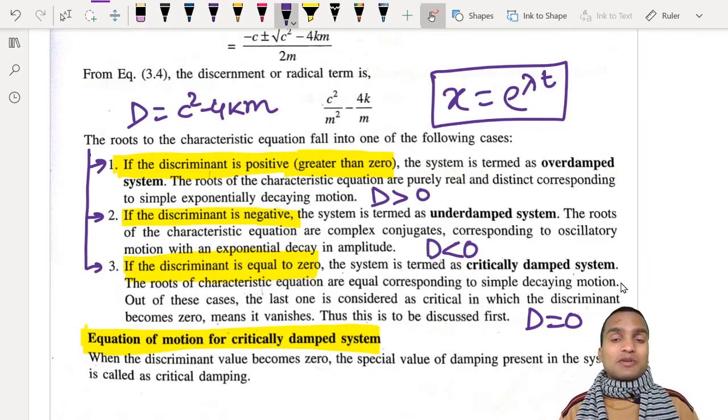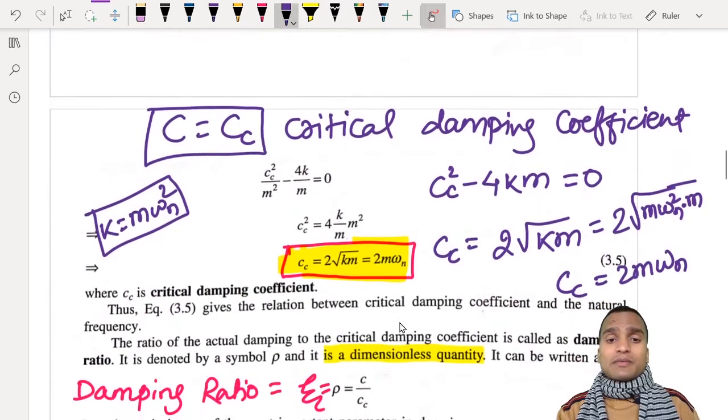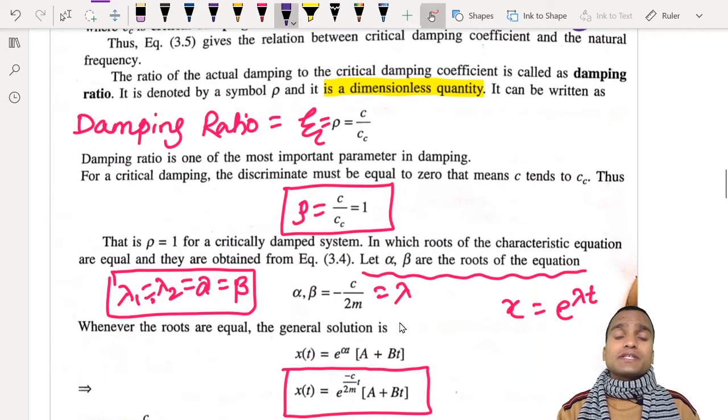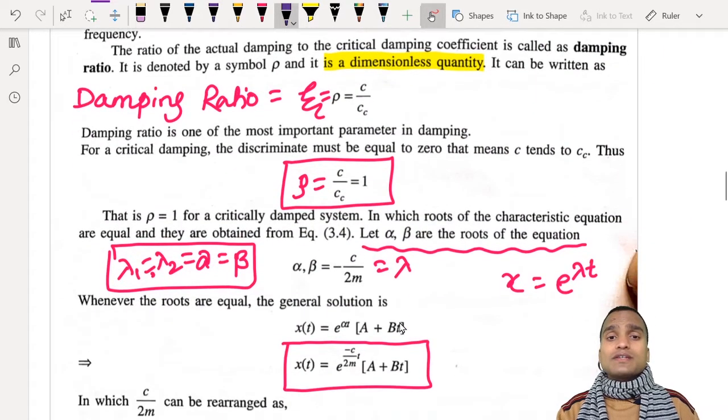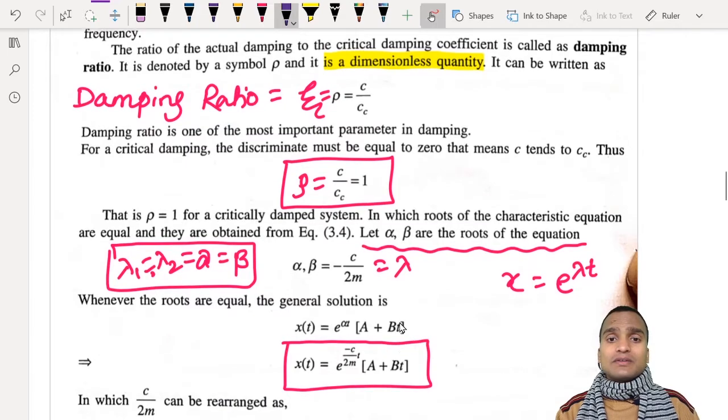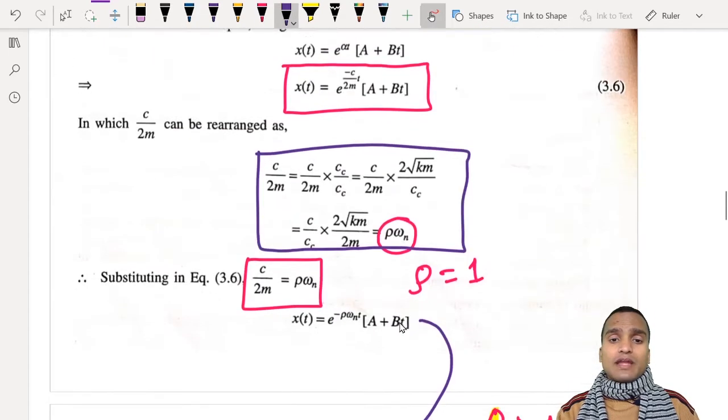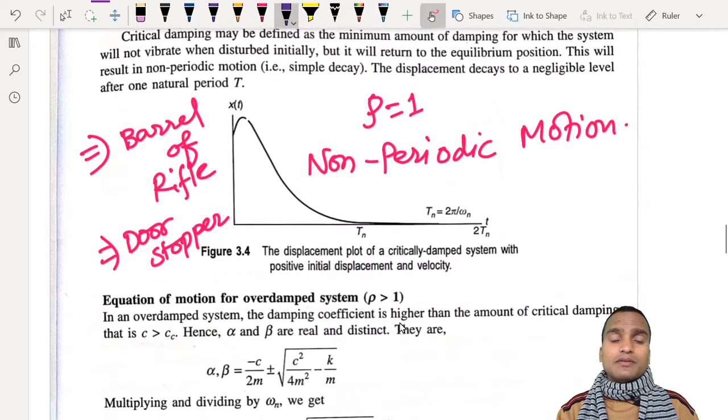Okay, and we have discussed this third category, critical damping, because it is very easy to understand, and in this we have also defined a parameter, damping ratio zeta or rho, equal to c by cc. Okay, this is a ratio of damping coefficient and critical damping coefficient.